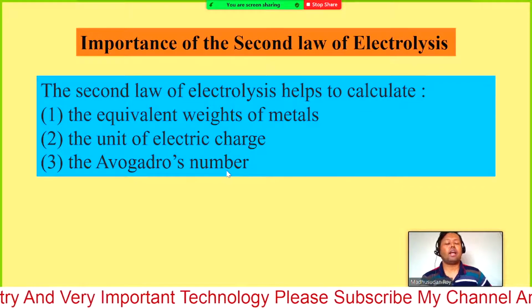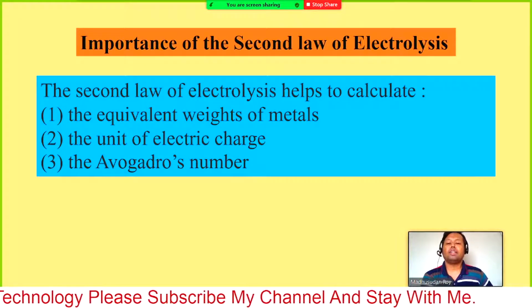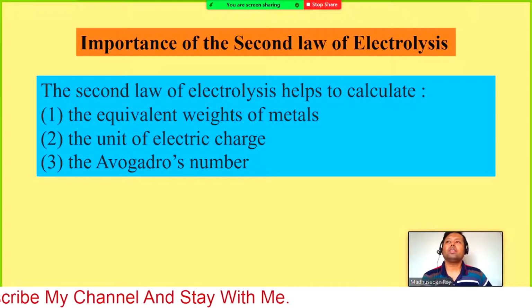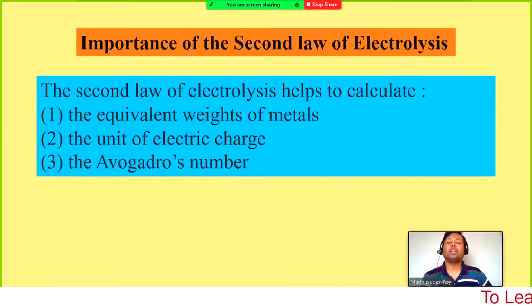The Avogadro's number, that is, the number of particles in 1 mole. From this law we can find out the Avogadro's number also.